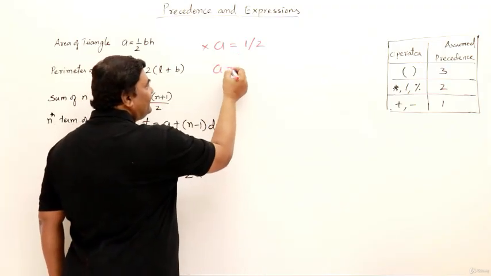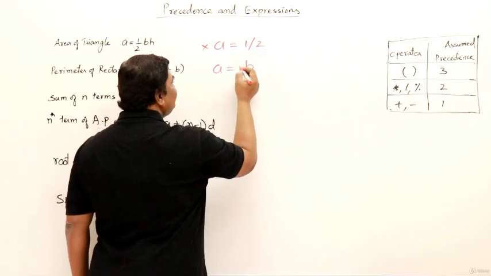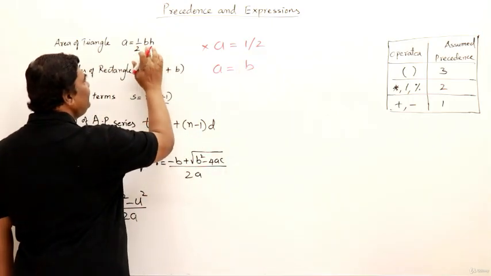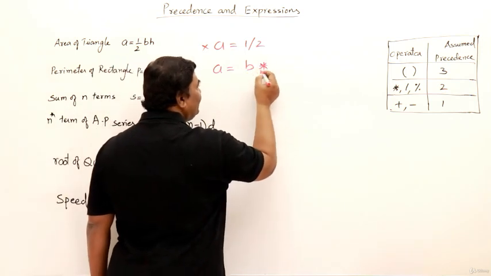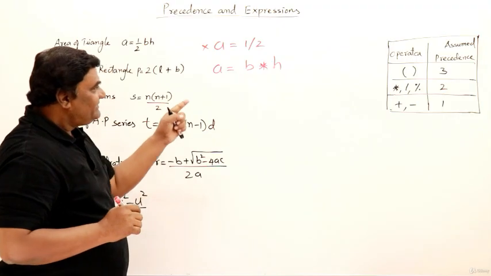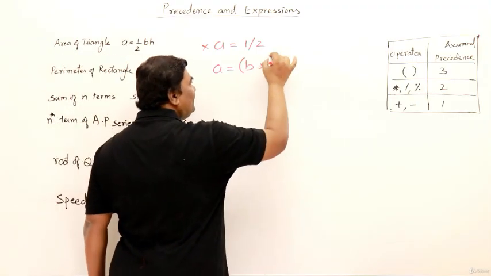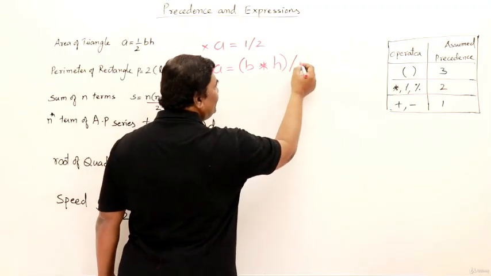Then next, first write base into height. So base into height, where is the into? In mathematics we understand that if nothing is there in between, multiplication is meant. But in a C++ program you cannot leave it like that. So you have to write into, that is multiplication. Base into height is written first. Then you can enclose it in brackets if you want, otherwise no need, because after that division will be done.